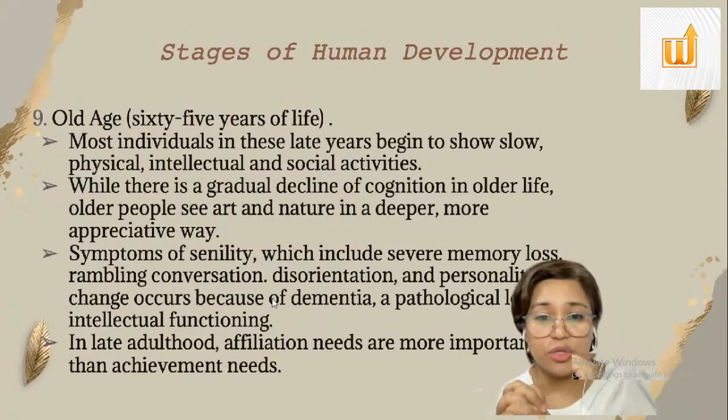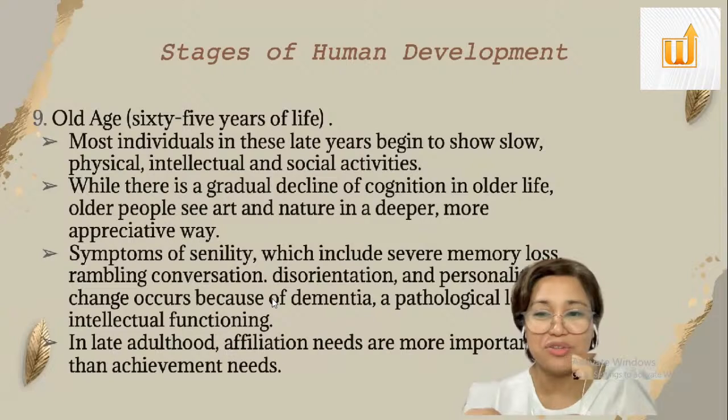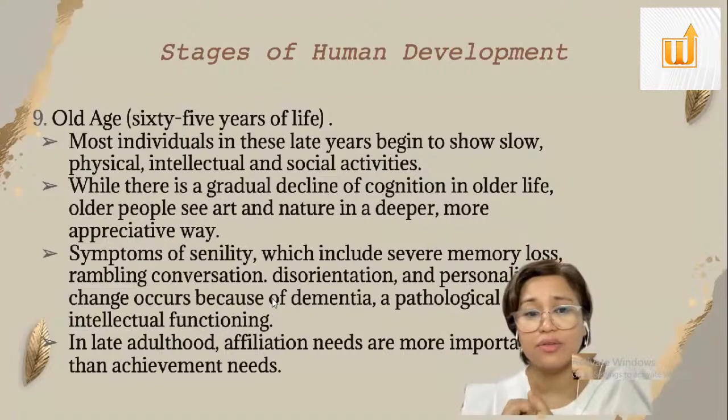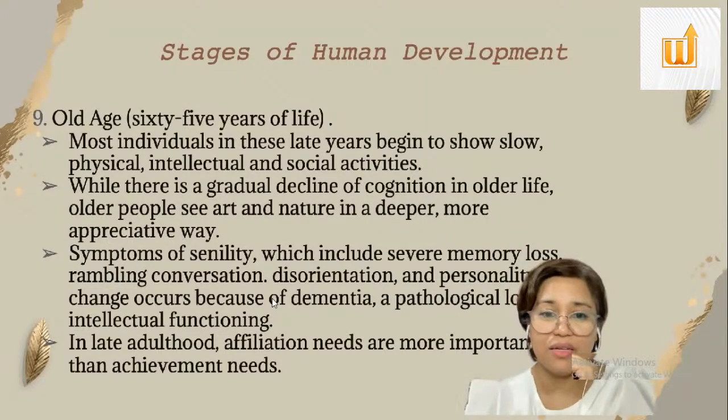In late adulthood, affiliation is more important than achievement needs. They're done with the need to have to achieve. So they are actually looking at how they can be more connected to their children and to their other retirees as well.